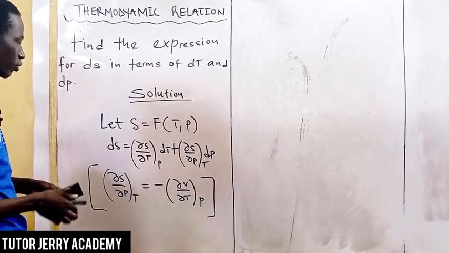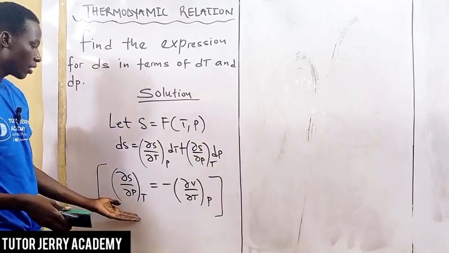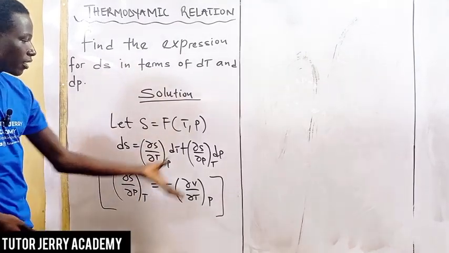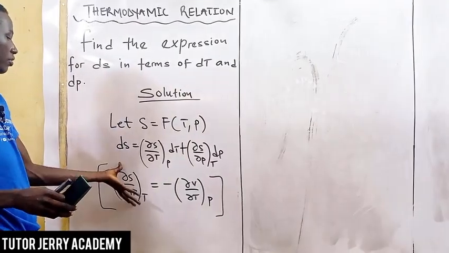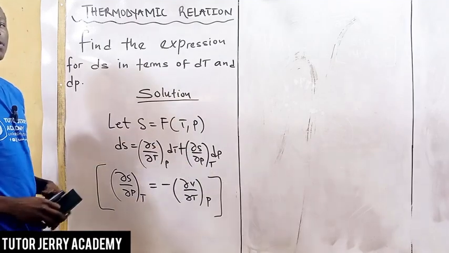If you look at this equation very well, you can see that what is here is equal to what is here. So what we are going to do is very simple: substitute this value into the above equation.